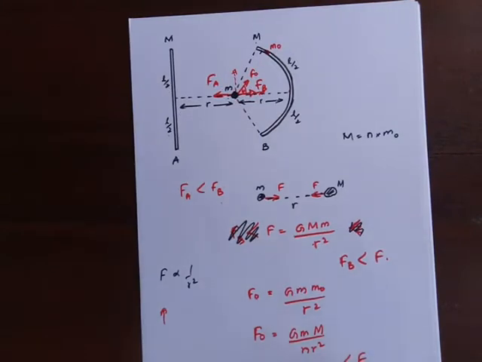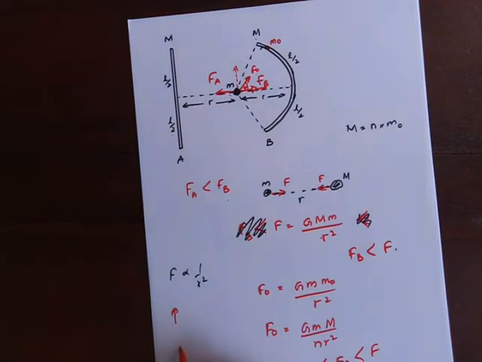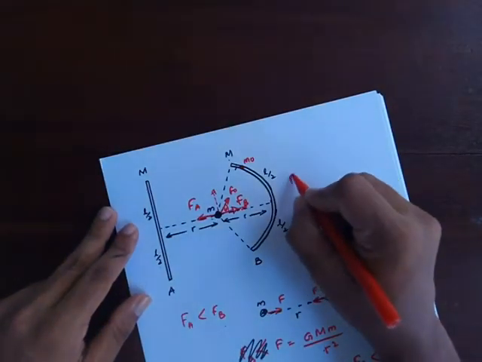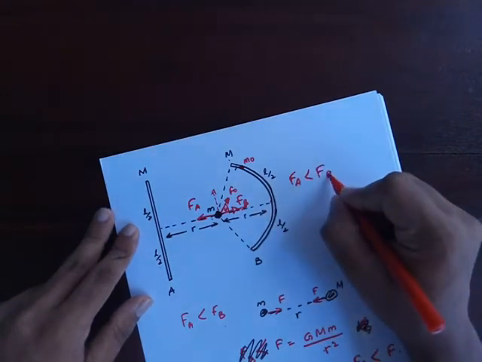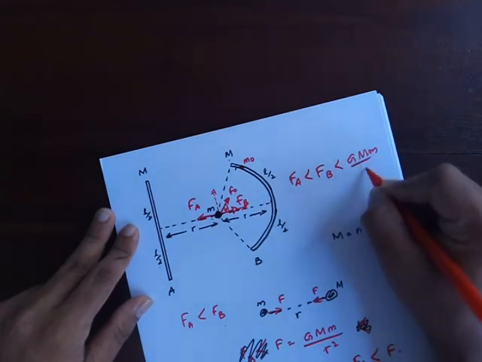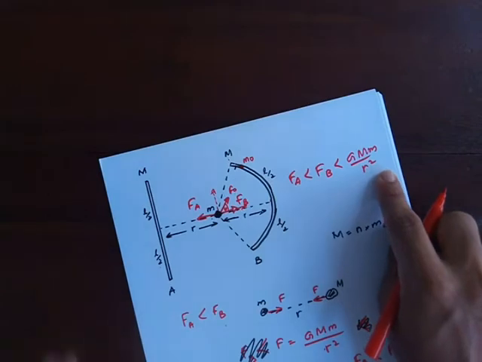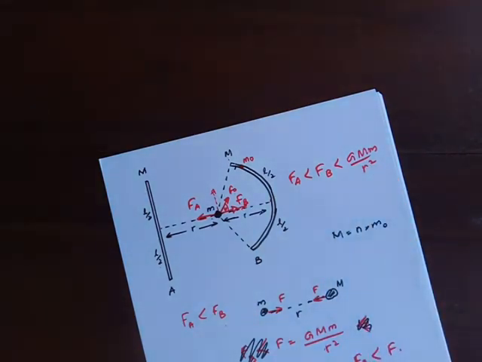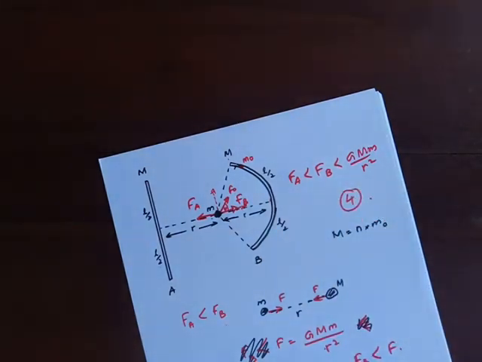So from this, the answer is Fa less than Fb less than G m over r square, which is F. So the fourth one is the answer.